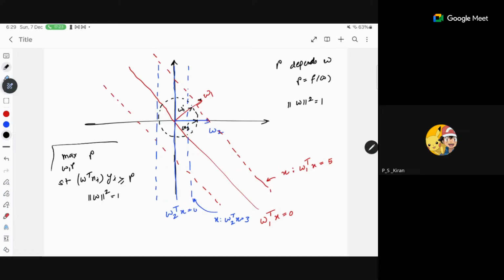Gamma should be the same, no? If gamma is the distance to the closest point on either side of the classifier, then on the other side also it will be the same distance. Yeah, we are assuming that. That is fine.